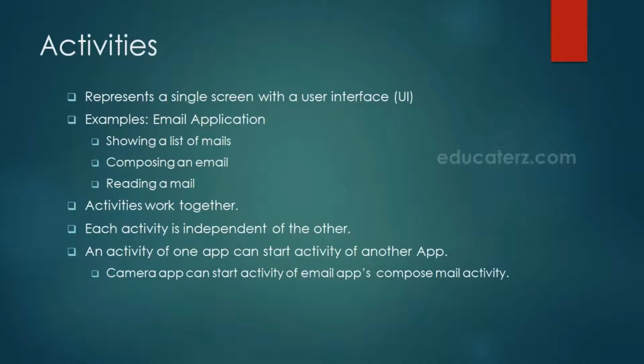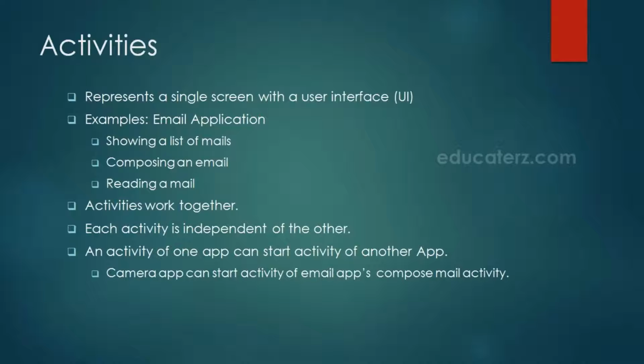Composing a mail opens a new window to compose your mail by giving the recipient name, subject, and the text message you are trying to send to that recipient. And reading a mail: select a particular mail, read its content, and reply back to the corresponding person. Like this, take your own favorite application and note down its activities.